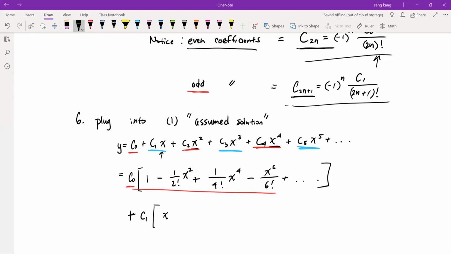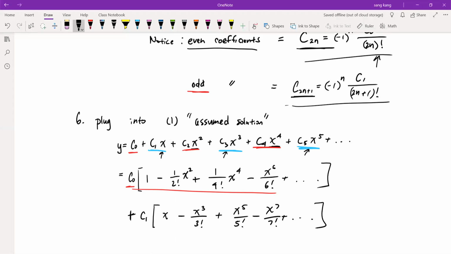So the first term here will be x, and then we follow suit. We do it for all the remaining terms here. Our C1 is going to be x minus x cubed over 3 factorial plus x fifth over 5 factorial minus x to the 7th over 7 factorial, and so on and so forth, right?